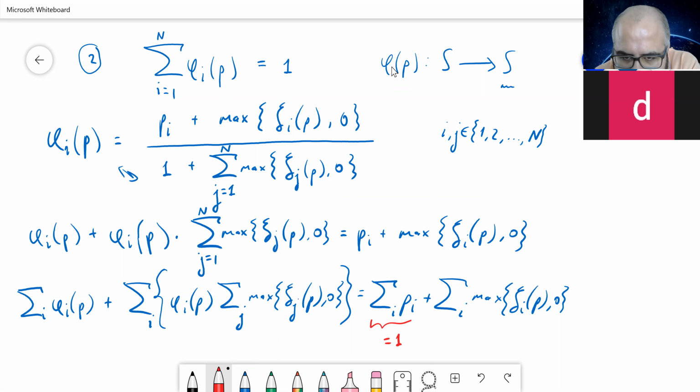Now, you should also realize that this element here does not depend on i, right? So this can basically go out. You see? This can basically go out.